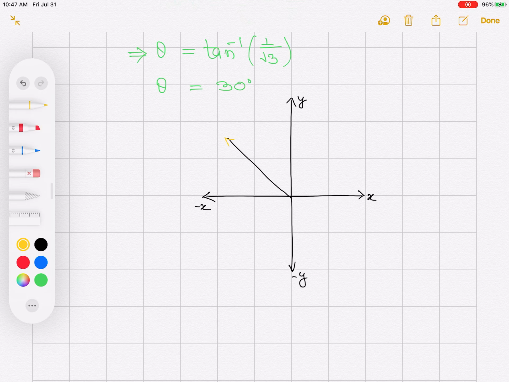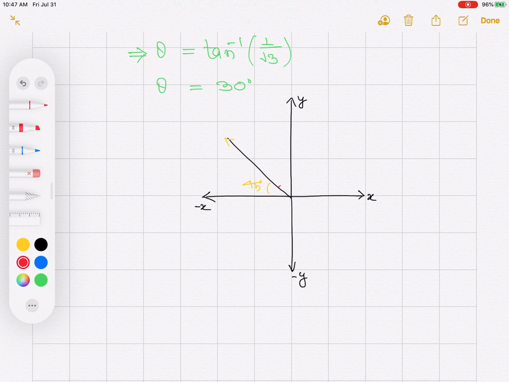If you are given this angle, suppose this angle is 45. I will give you some hints that are useful. Always try to take the angle made with the positive x-axis.